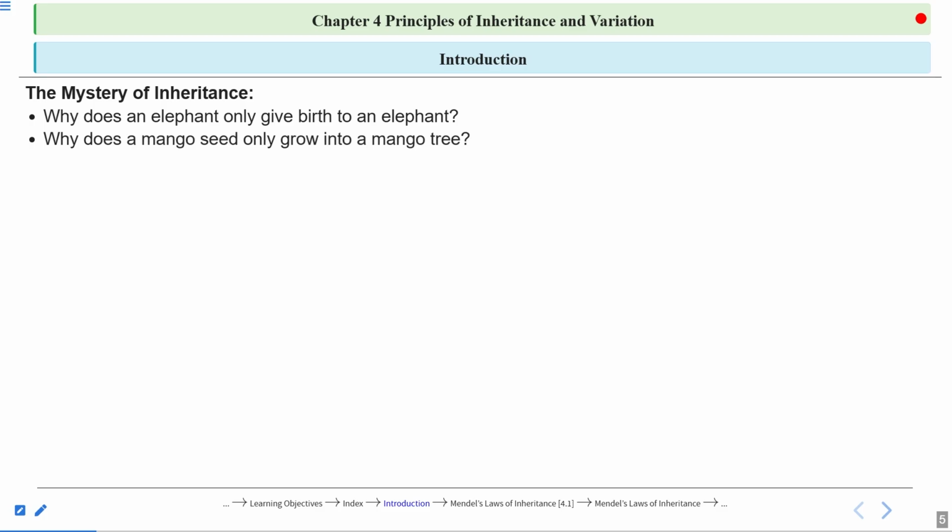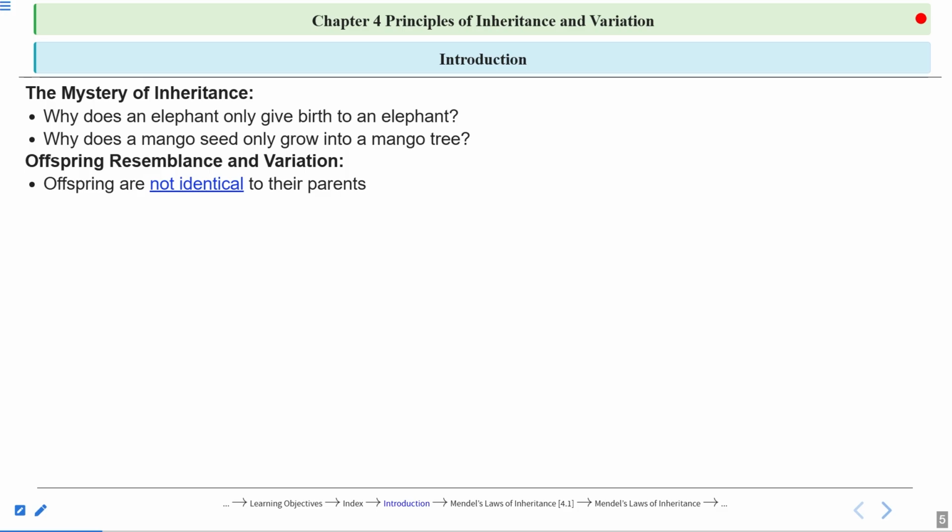And a mango seed only grows into a mango tree, not into a strawberry or any other tree. So why is this happening? We'll discuss this.